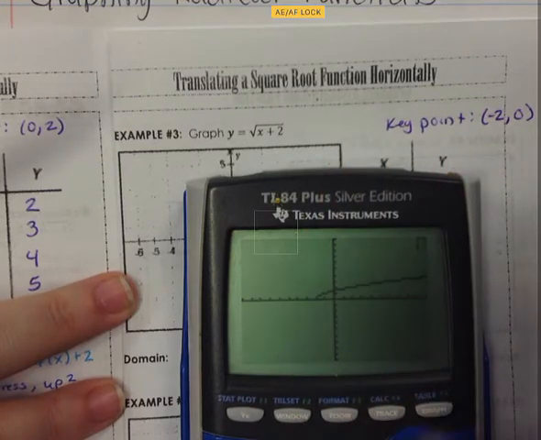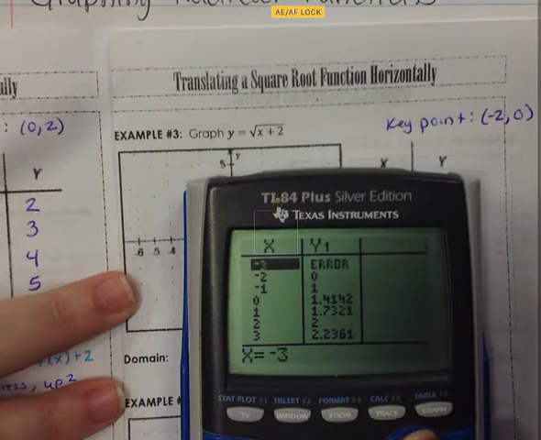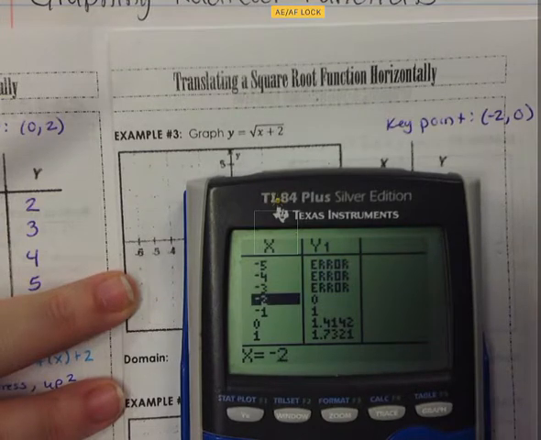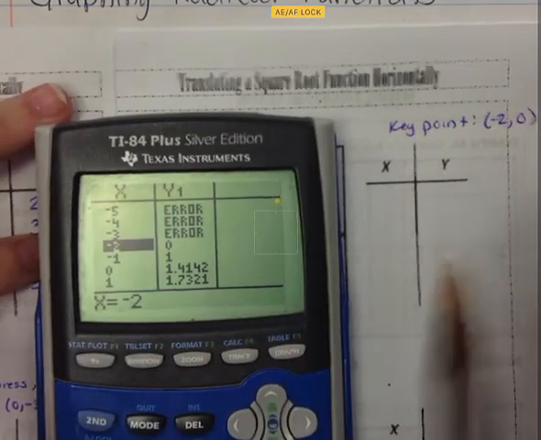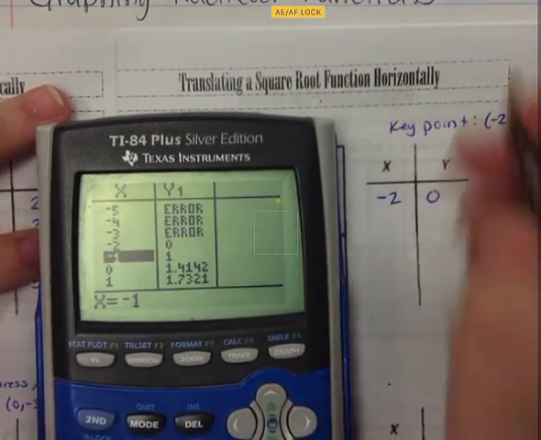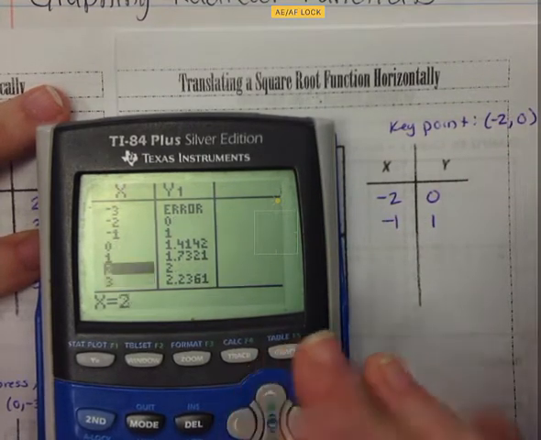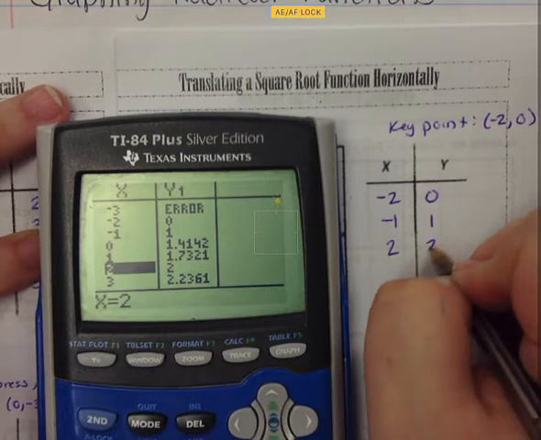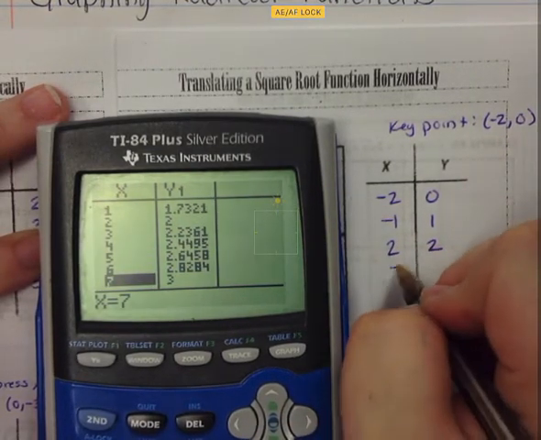So if we go and look at our table, negative 2, 0 is a coordinate, and then everything else is an error above that, so that was correct. So then we would start with negative 2, 0 on our coordinates. So negative 2, 0, negative 1, 1, find some good ones, 2, 2, 7, 3.